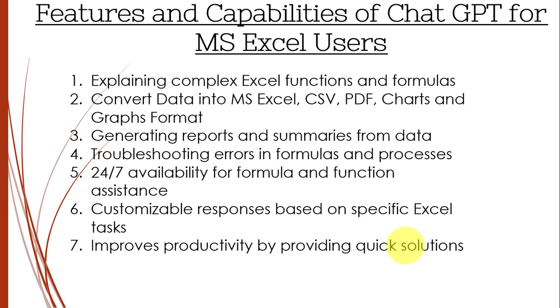It will read your problem and give the specific VBA code or specific formula to solve your problem, right? That is the customizable response based on a specific Excel task.